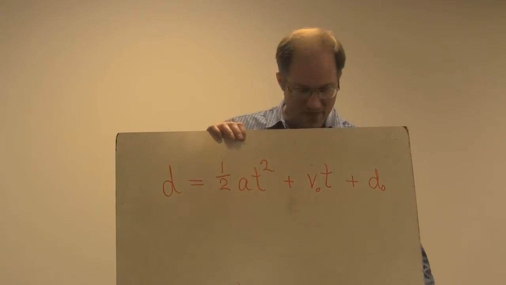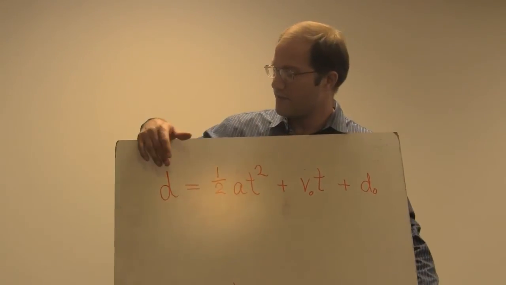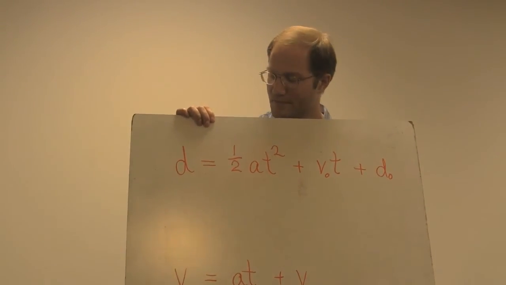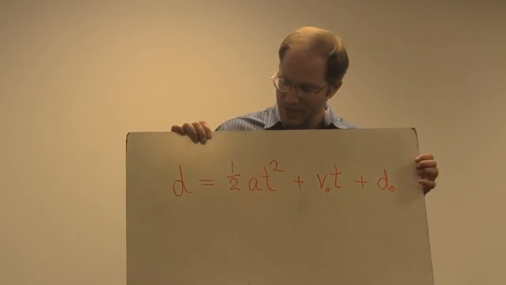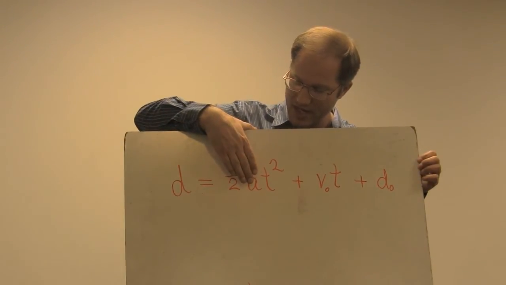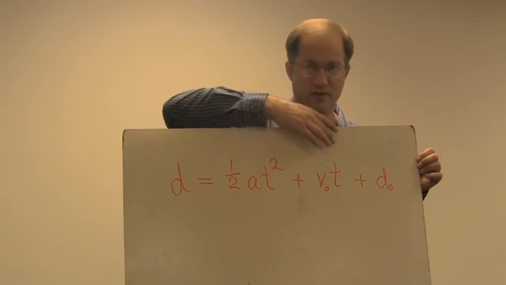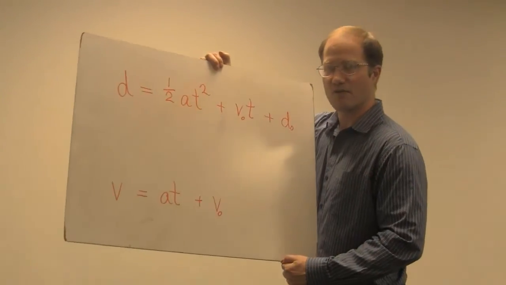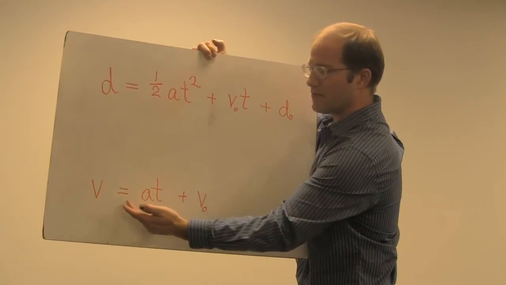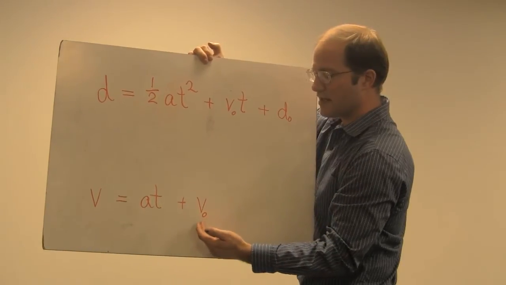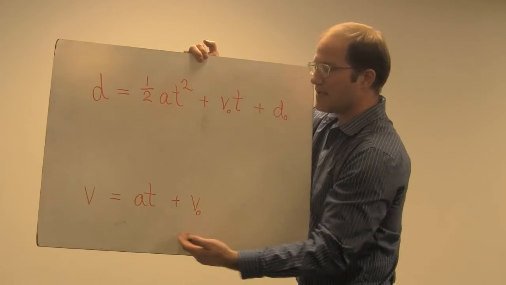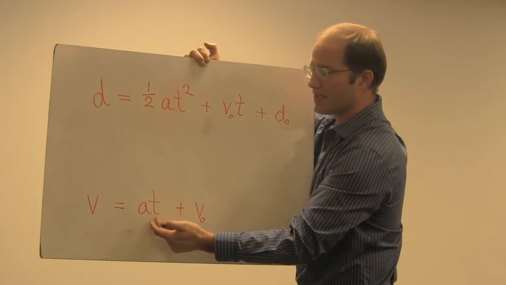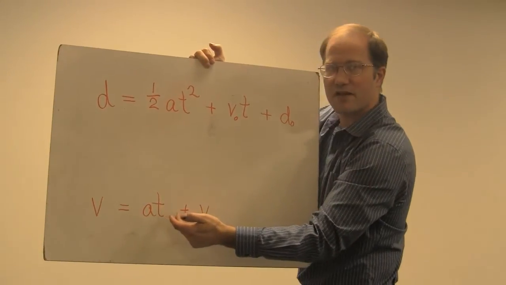So the way distance varies with time is a quadratic equation, where the parameters are 1/2 a in front of the t squared, v naught in front of the t, and then d naught. Here's another equation that relates velocity as a function of time. v is equal to acceleration times time plus initial velocity, v naught. This is obviously a linear equation in the form y equals mx plus b, where v and t are the two variables.